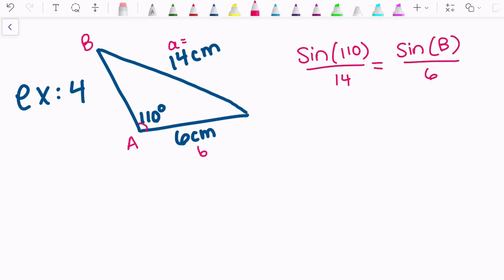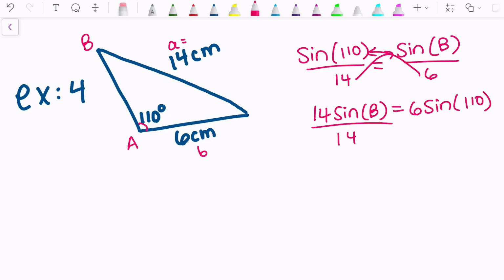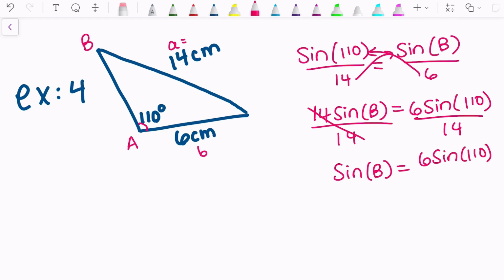Over side B, which is 6. Then I'm going to cross multiply. And I'm going to divide by 14. So the sine of B is equal to 6 sine of 110 over 14.